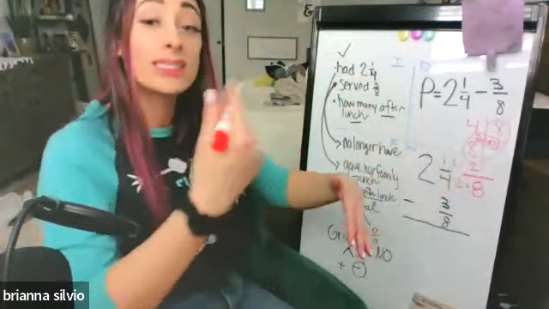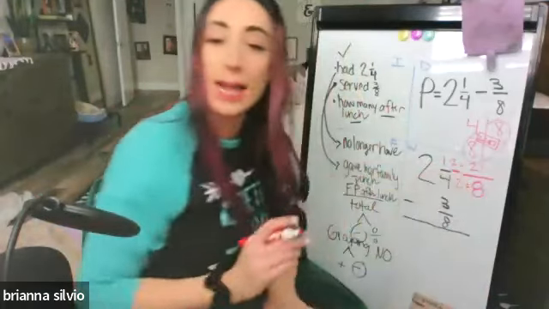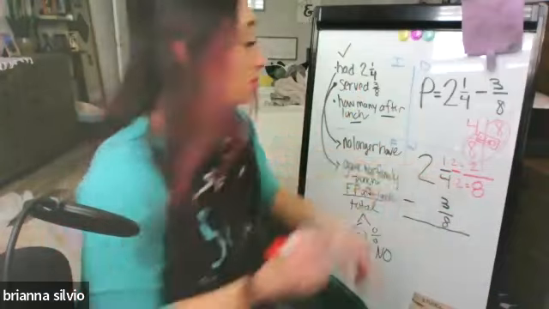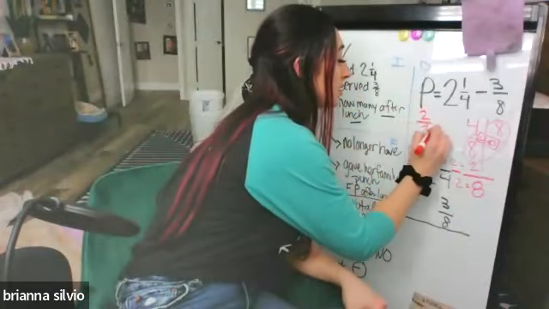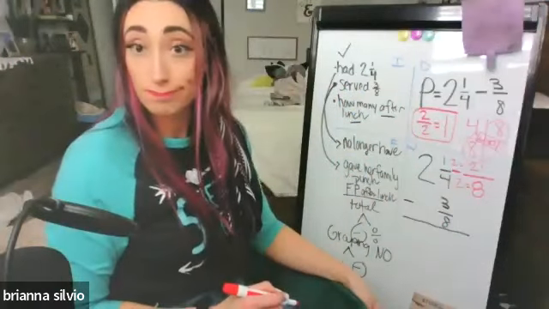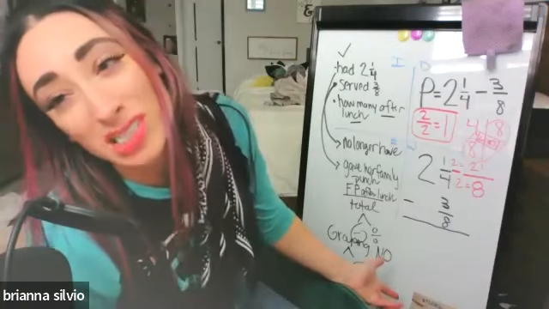And then I like to go one step further and show them that they're actually multiplying by just 1, because 2 2s, 2 halves, is actually equivalent to 1. So you're multiplying by 1, it just looks a little different.